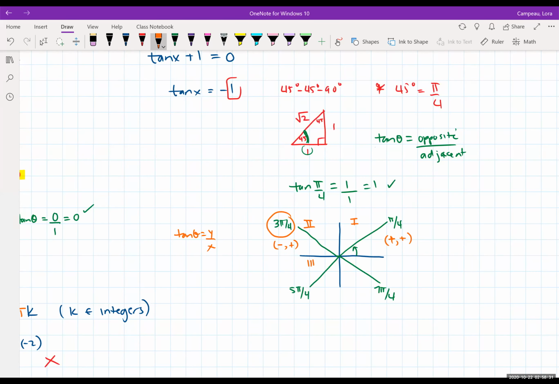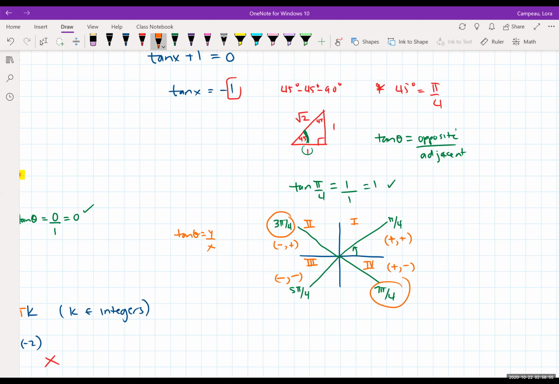In quadrant 3, we have positive, positive. Excuse me, why am I saying positive? Mainly because I know that we're going negative x, negative y. So that would make the tangent positive, same signs. In quadrant 4, any ordered pair is positive x, negative y. So that again makes the tangent negative.